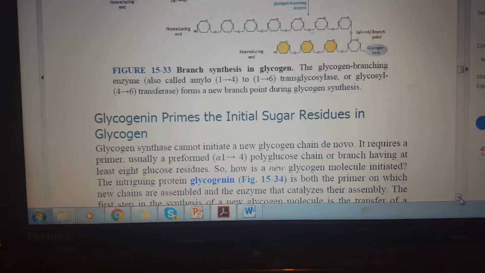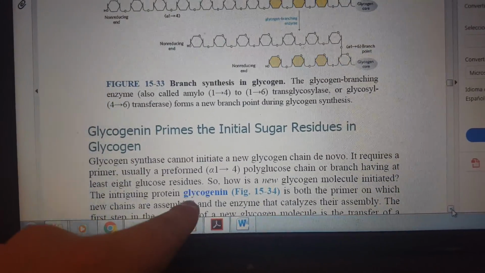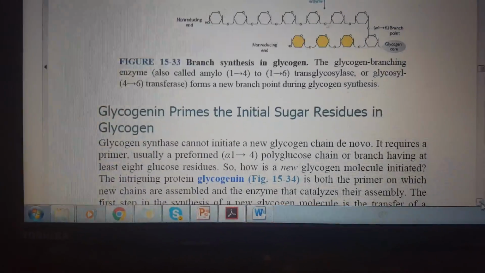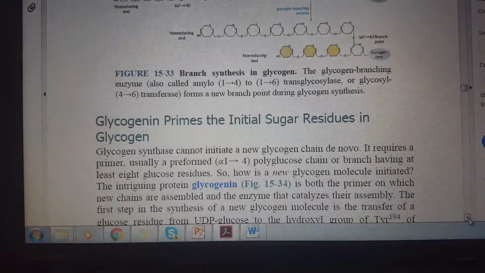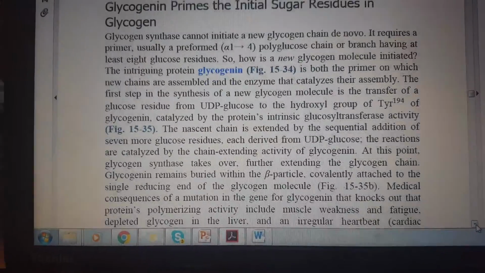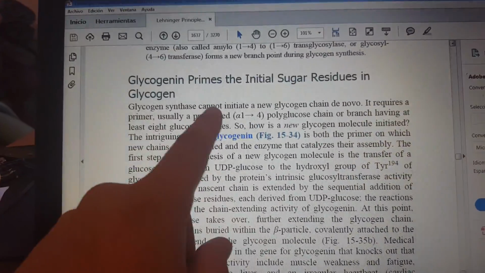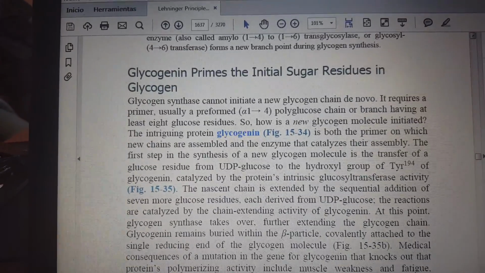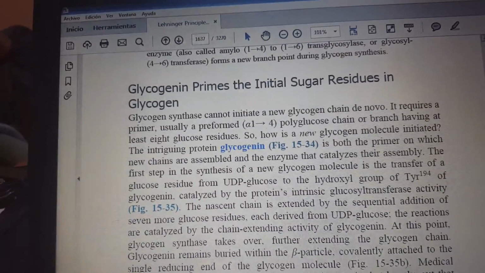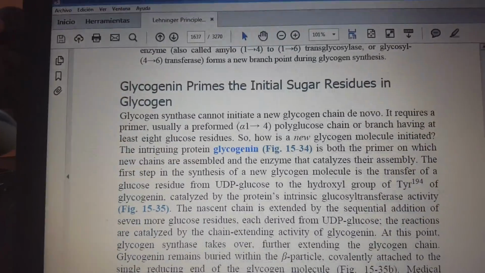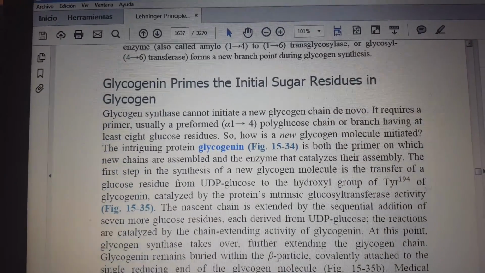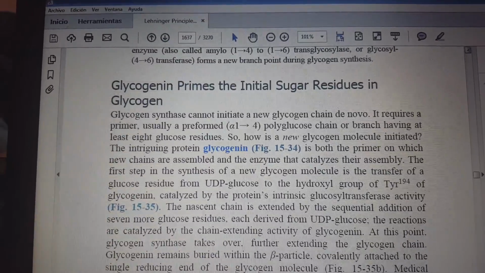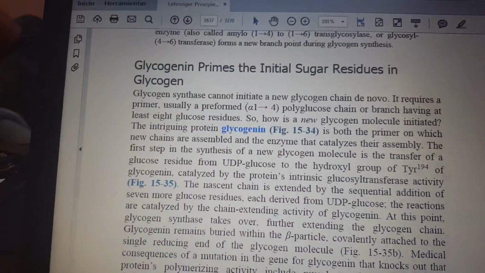This is the glycogenin action here, to make primers for the glycogen polymerization. Glycogen synthase cannot initiate a new glycogen chain de novo. It requires a primer, usually a preformed polyglucose chain or branch having at least 8 glucose residues. That is very important to remember.